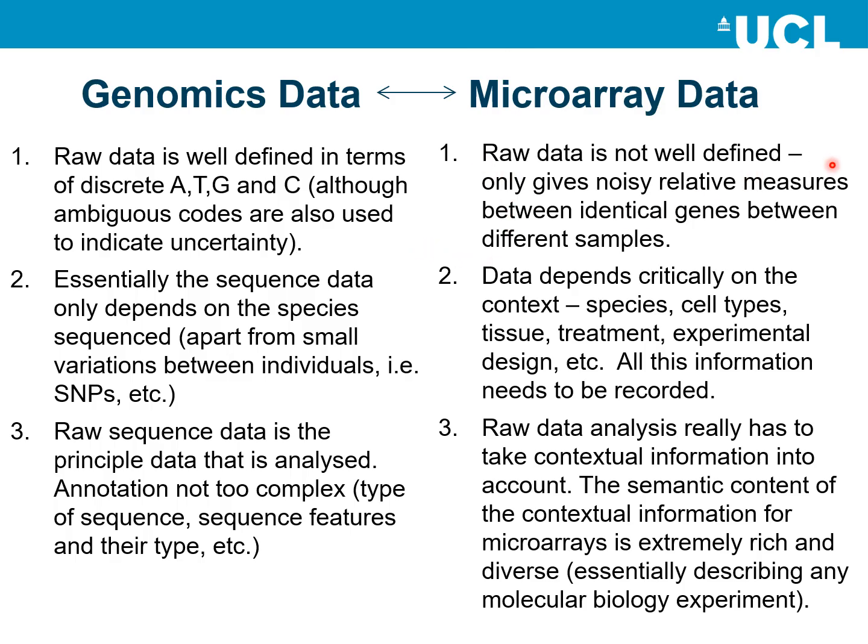As I'm hoping the lecture about microarrays and transcriptomics revealed, the raw data for microarrays is not so well defined. Spotted microarrays give you the gene expression of one sample compared to another sample. So you can say that a certain gene, like actin, is twice the expression in one sample compared to another sample.